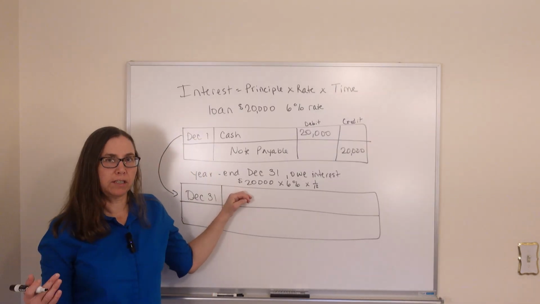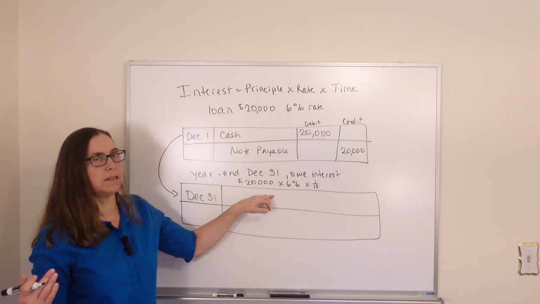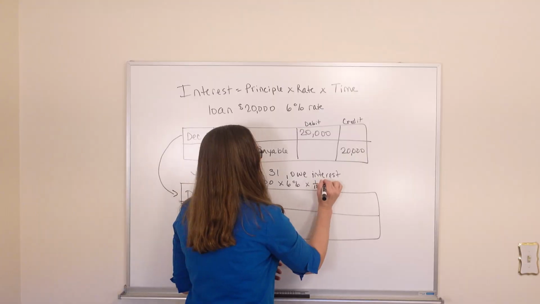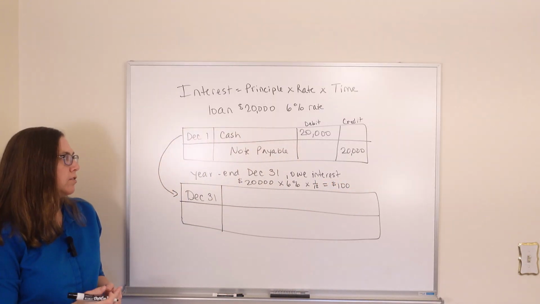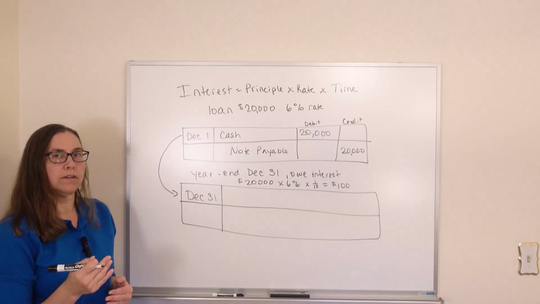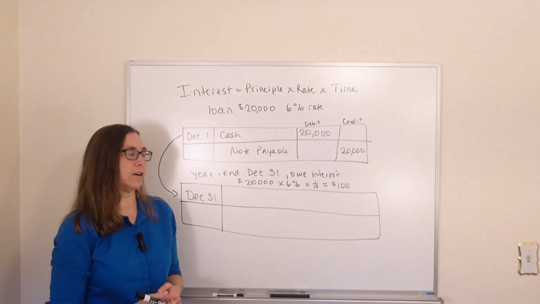And if you do the calculation in your calculator, you should get $100 as your answer. So $100 is the interest that they owe for that loan outstanding up to year end.